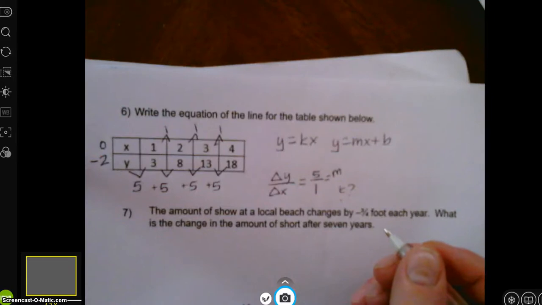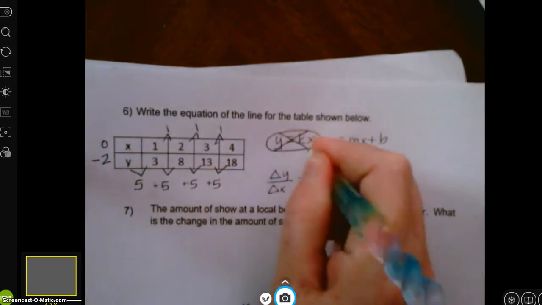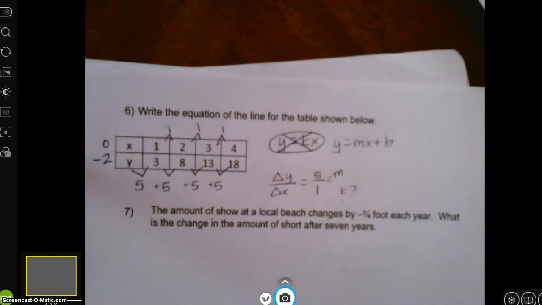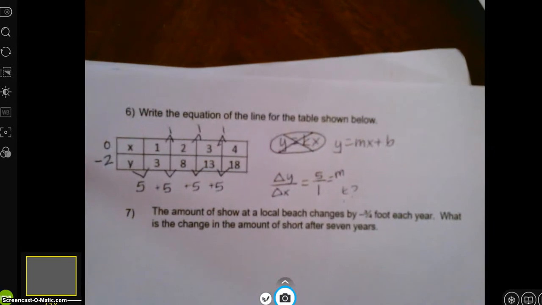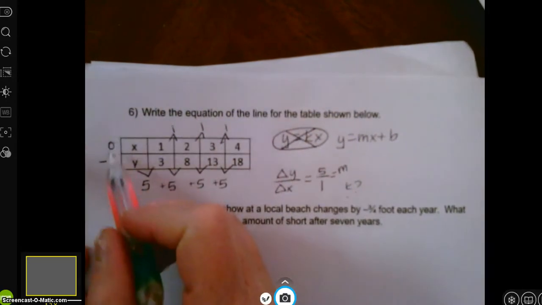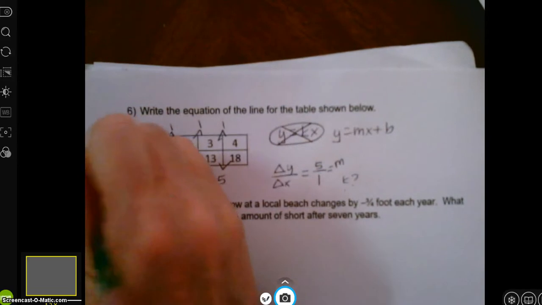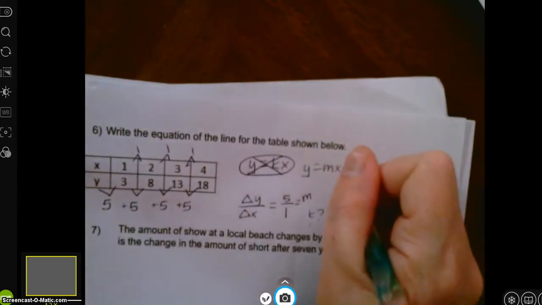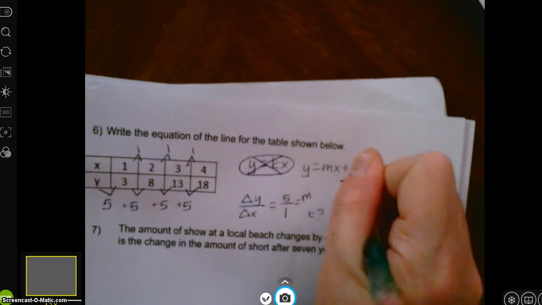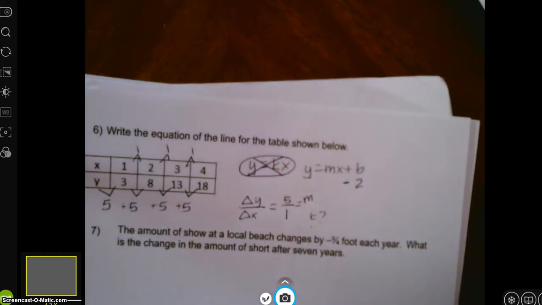Okay? So one thing I know, this is not y equals kx. What we do know is that since this does not go through 0, 0, it goes through 0, negative 2. This is b. Okay? So for b, I put minus 2. Or you could put plus a negative, it's just not how I do it.